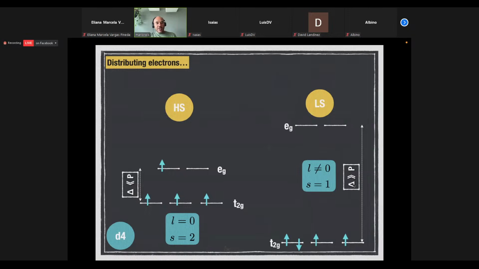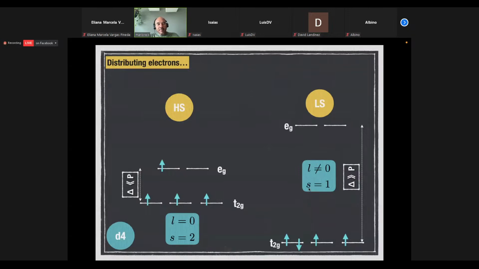If this crystal field split is much bigger, let's suppose the D4 configuration. We have 4 electrons to fill these orbitals. We have 1, 2, 3, and the 4th electron we would put here in this orbital EG. However, the crystal field splitting is quite high. The energy cost is quite high, and then the system prefers to be at the bottom.